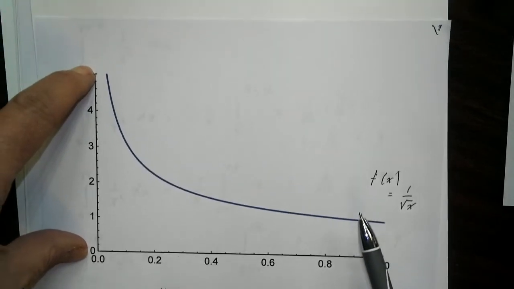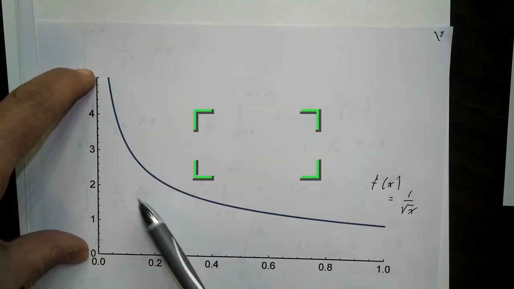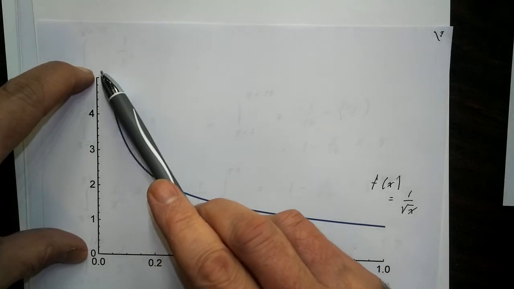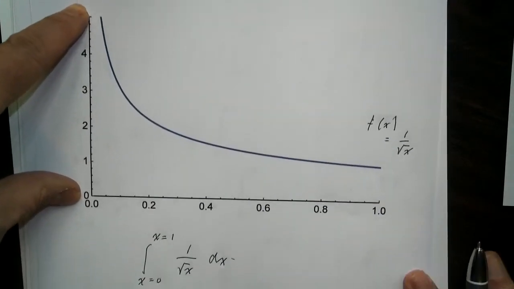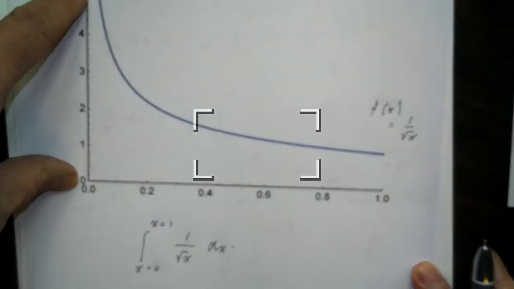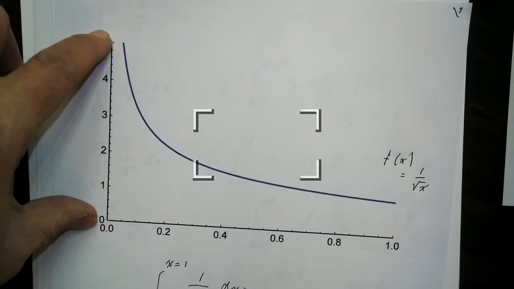Now again, it's not obvious that that's a finite amount, because we might be led to believe that there's an infinite amount of area because of that asymptote, but we will see in a moment that that is not the case.